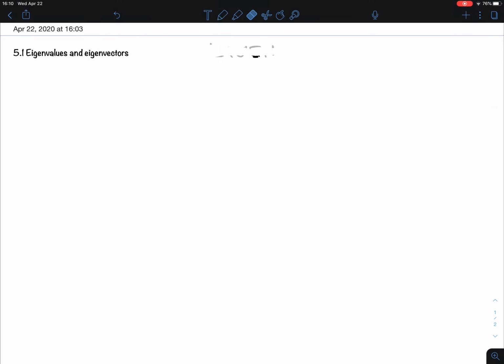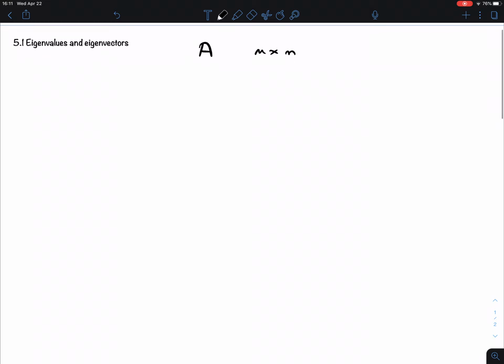What we're dealing with is again a matrix, and we will deal again with a square matrix. But let me just remind you in general what happens when you have an n by n matrix. A matrix has many purposes.